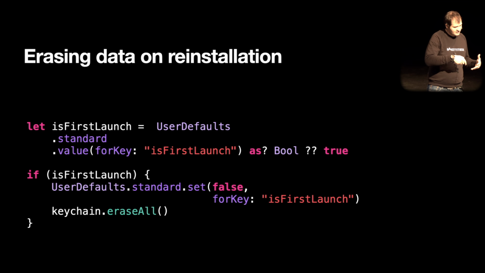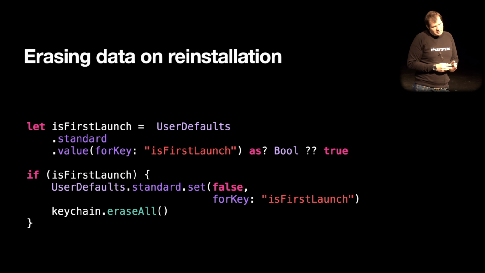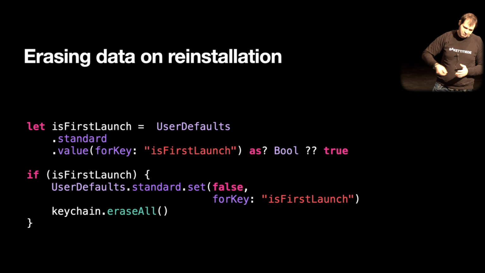And if it's not present, it means that the keychain is to be deleted because the user just reinstalled the app. But that's not a really good approach because the data is still there and the data is still available. So the moment this code malfunctions, you will have some problems. It's really not a secure design, I would say.